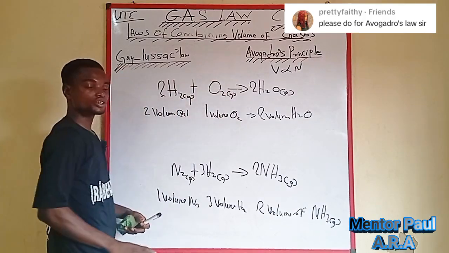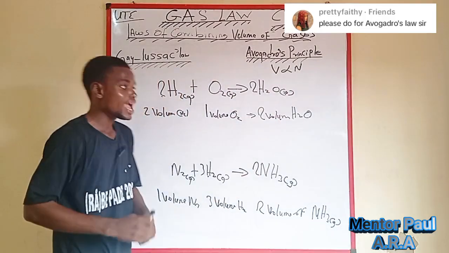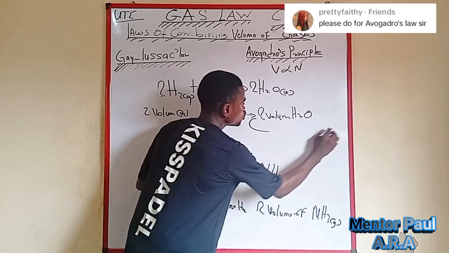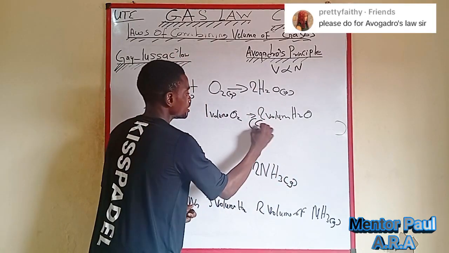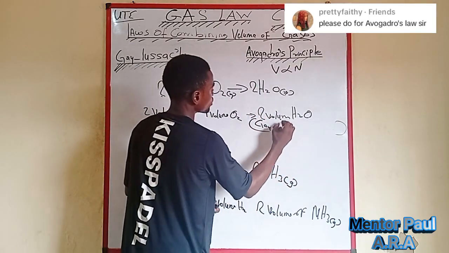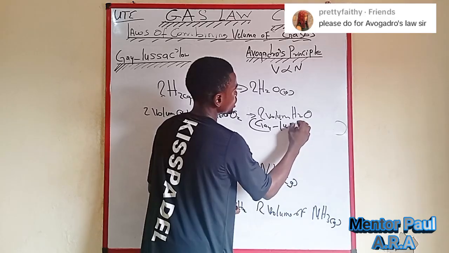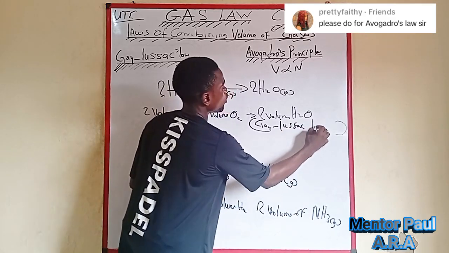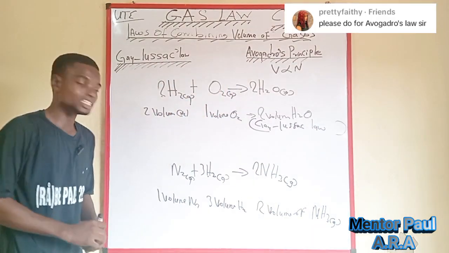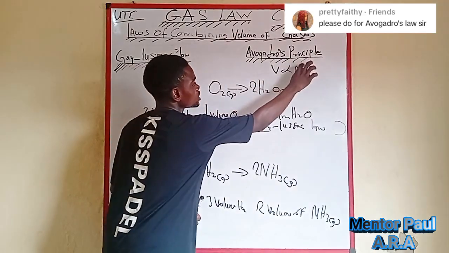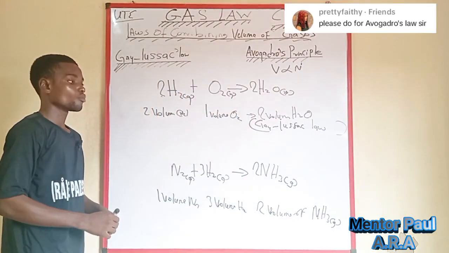Now, because of this statement of fact that 2 volumes of hydrogen react with 1 volume of oxygen to give us 2 volumes of water vapor, I can sum it up to be what? Under Gay-Lussac law. And I'm going to make another statement, because volume is proportional to the number of molecules.